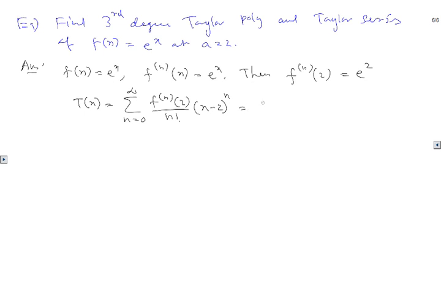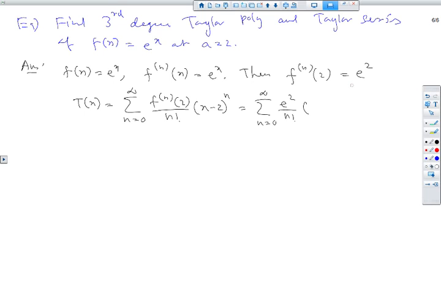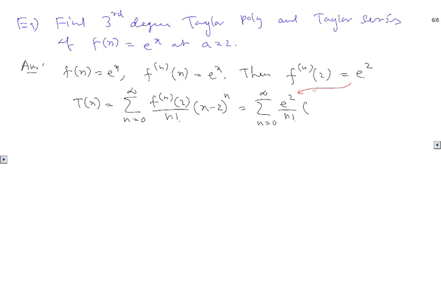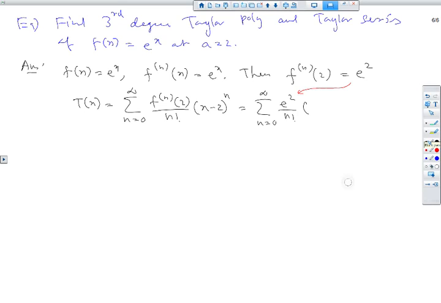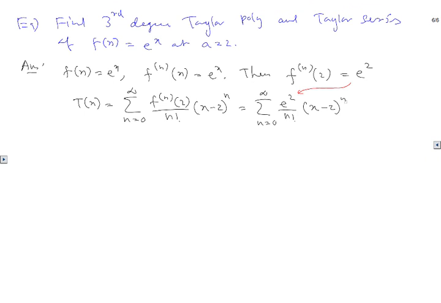Plugging in, the derivative is e squared, so we get the sum of e squared over n factorial times (x minus 2) to the n.